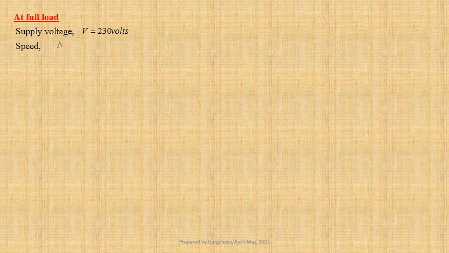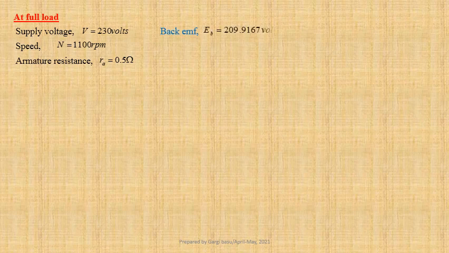At full load, supply voltage V equals 230 volts. Speed of the motor N equals 1100 rpm. Given armature resistance RA equals 0.5 ohm. We have calculated back EMF EB equals 209.9167 volts.